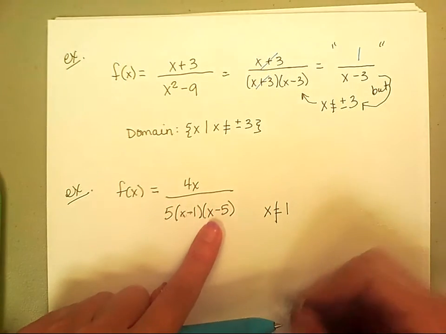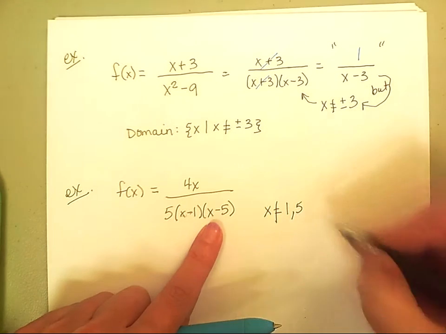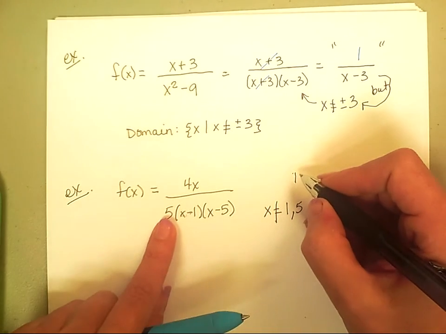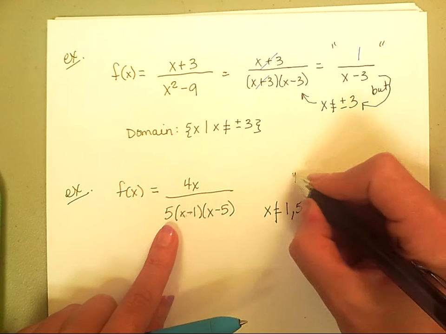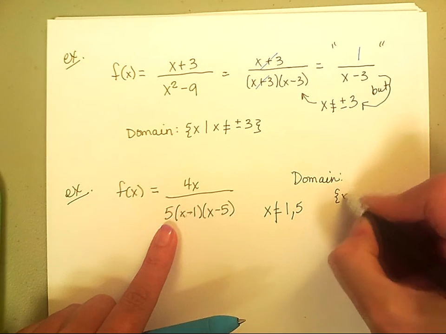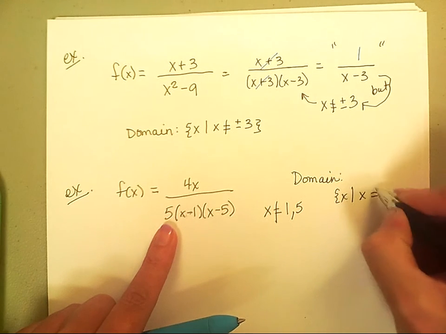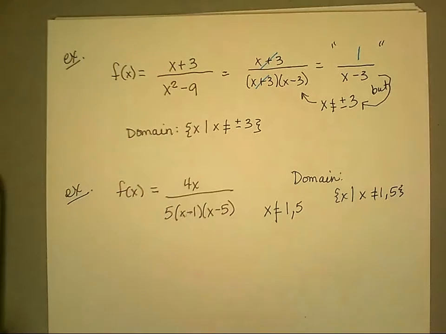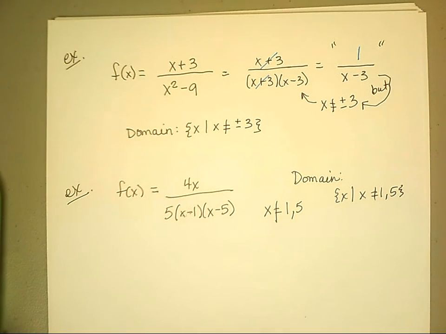So x cannot equal positive 1, and x cannot equal positive 5. This 5 doesn't affect anything because 5 never equals 0. So our domain is the set of all x such that x cannot equal 1 or 5.